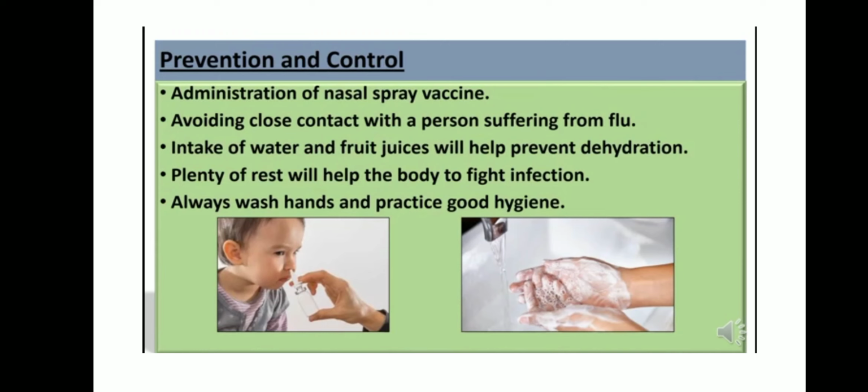Intake of water and fruit juices will prevent dehydration. Plenty of rest will help the body to fight infection. Always wash hands and practice good hygiene so that you can prevent yourself from swine flu.